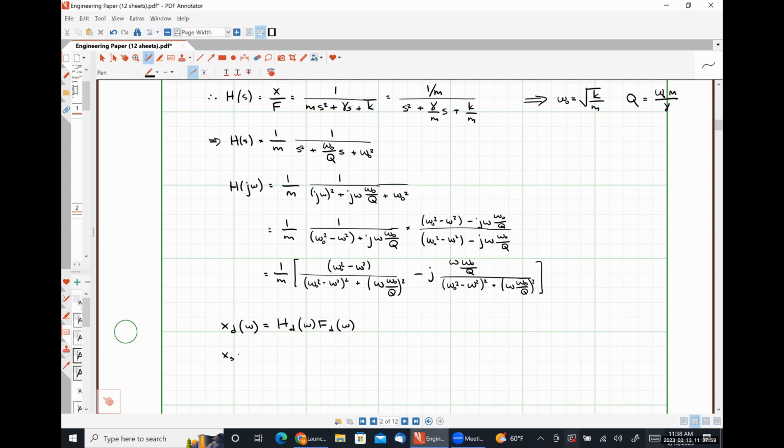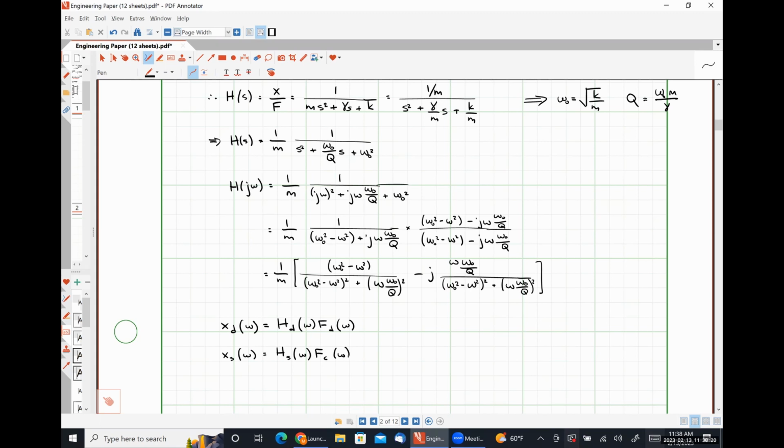And our sense mode displacement as a function of frequency will be our sense mode transfer function times our Coriolis force, because that's what's causing the vibrations there.